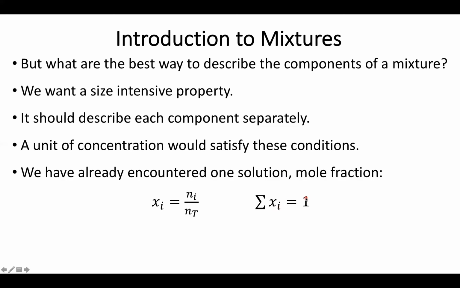So if I have a two-component system, I only need 1 mole fraction. However, when we have a 3-component system, I'm going to need 2 separate mole fractions to perfectly define the third. And you may notice this actually perfectly matches up with what we just saw previously with our phase rule.